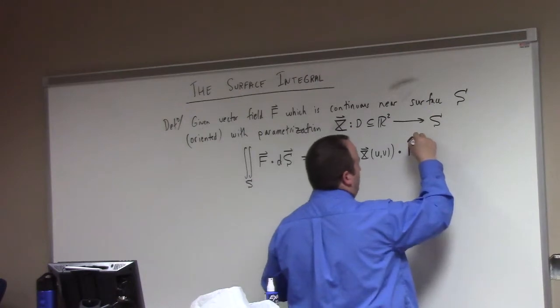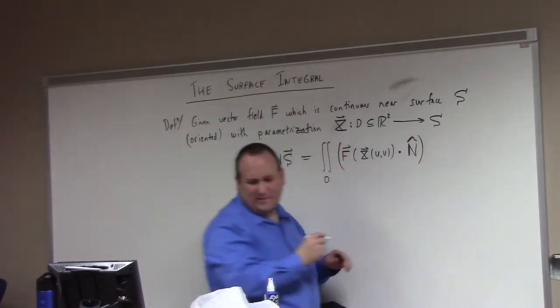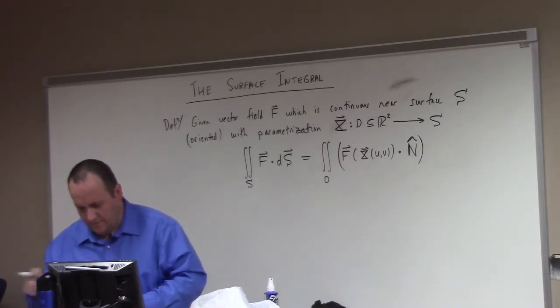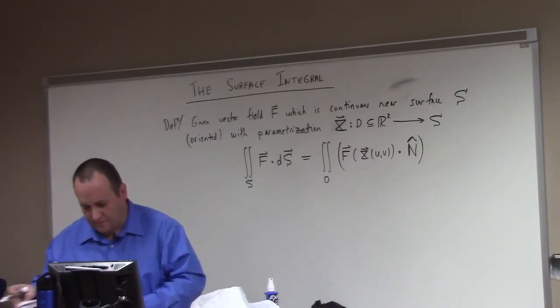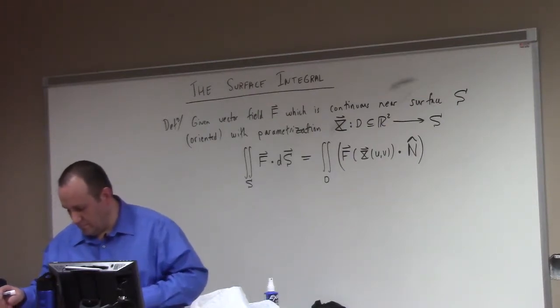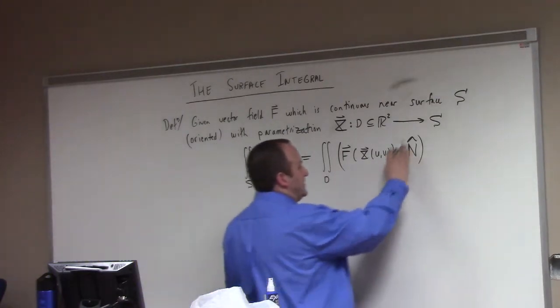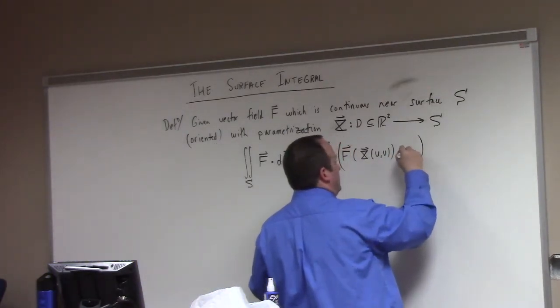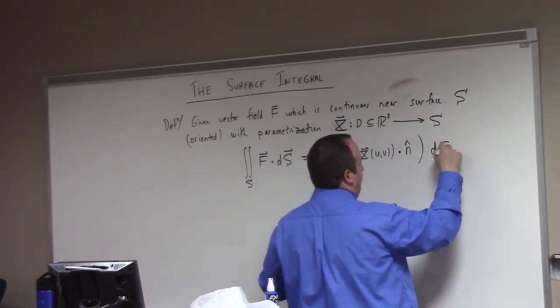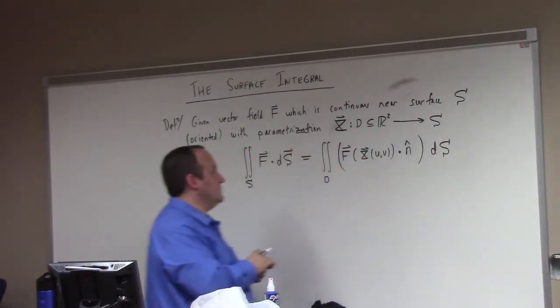Well, let me make sure I'm actually lining up with my notes. Yeah, I use a little n, so I'll fix that. Little n hat, and then dS, without the vector sign.